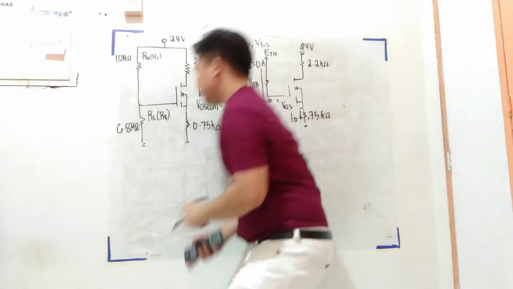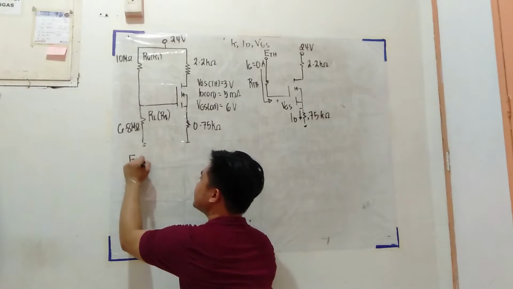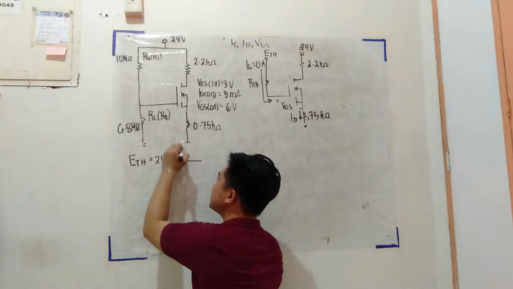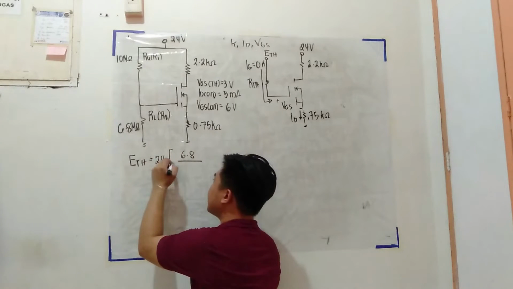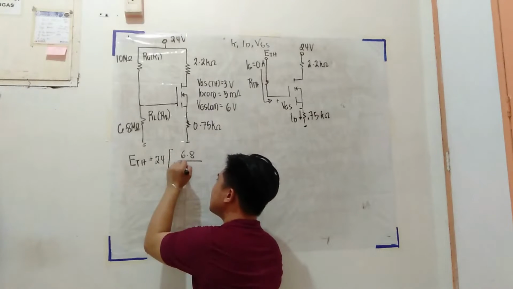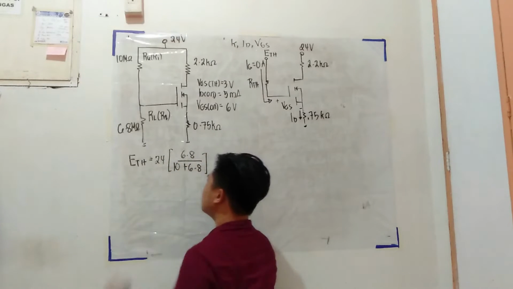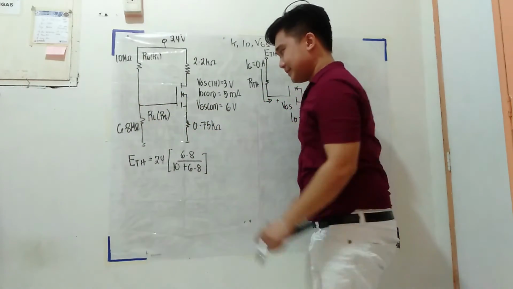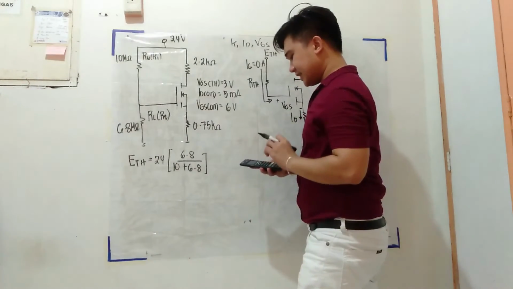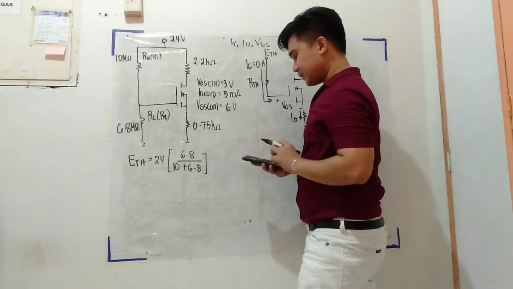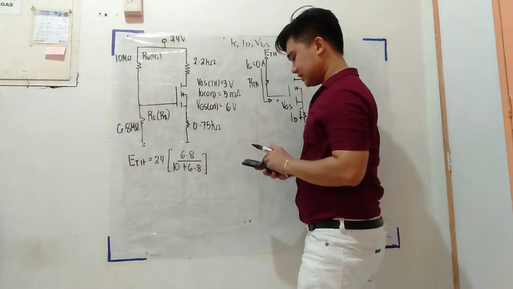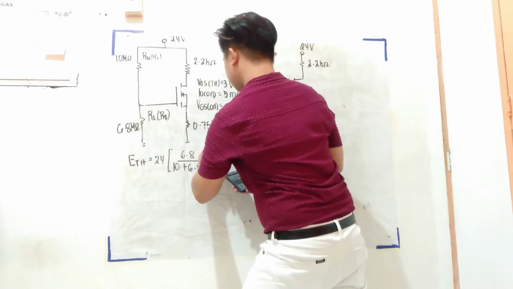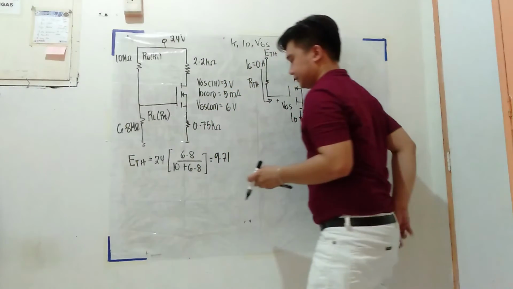So to find ETH, that is equal to the supply, which is 24 volts times R lower 6.8 mega ohms all over 10 plus 6.8 mega ohms. Hindi ko na nilagay yung mega kasi makakancel lang naman po. Okay? So pag hinanap ko ang value ng ETH, that is 24 times 6.8 over 10 plus 6.8, so that is 9.71 volts. Okay?